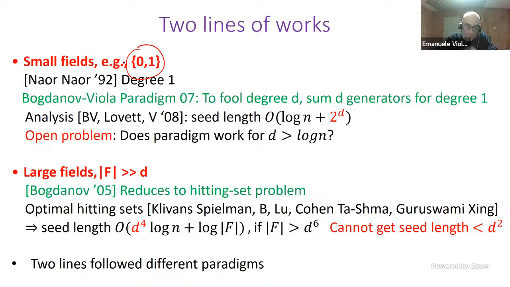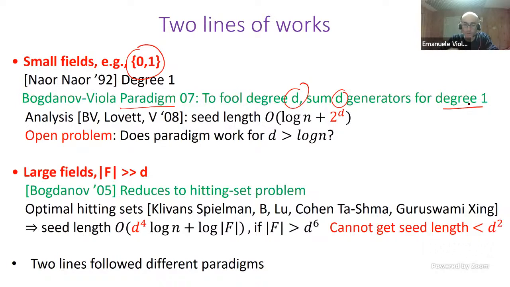This started with the landmark paper by Naor and Naor in the 90s, with small bias generators, which does it for degree 1 and has a myriad of applications. And then the case of large degree, as I mentioned earlier, is this work with Bogdanov. We have this paradigm which we introduced, that if you want to fool degree D, you take D copies of the generator for degree 1, and you just sum.